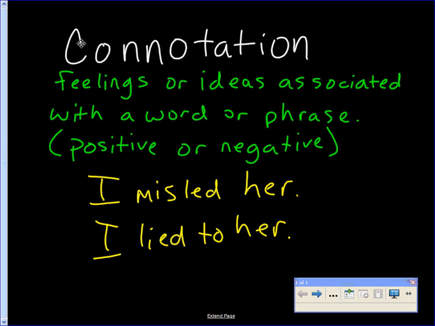Which of the two sentences on the board is harsher? Mark. That is harsher than "I lied to her"? Okay, I'll read them. "I misled her." "I lied to her." I think I might actually disagree with you on that one, Mark. Who else disagrees with me, or disagrees with Mark? Whoa, geez, that's harsh right there.